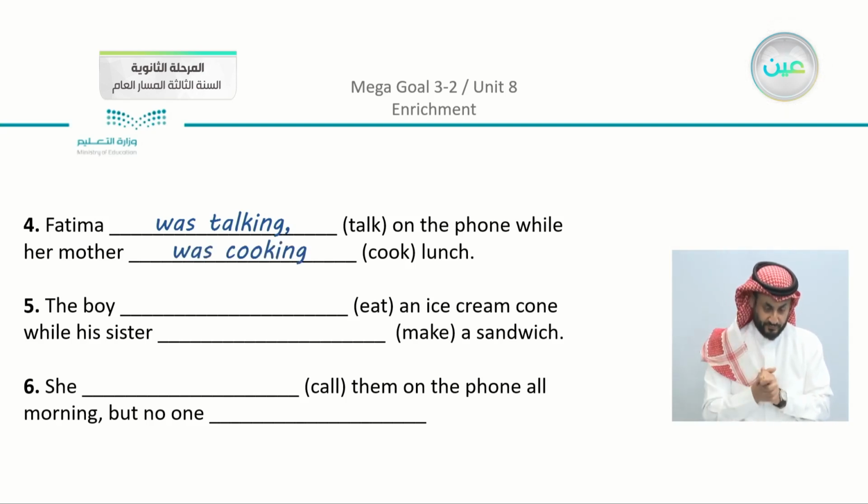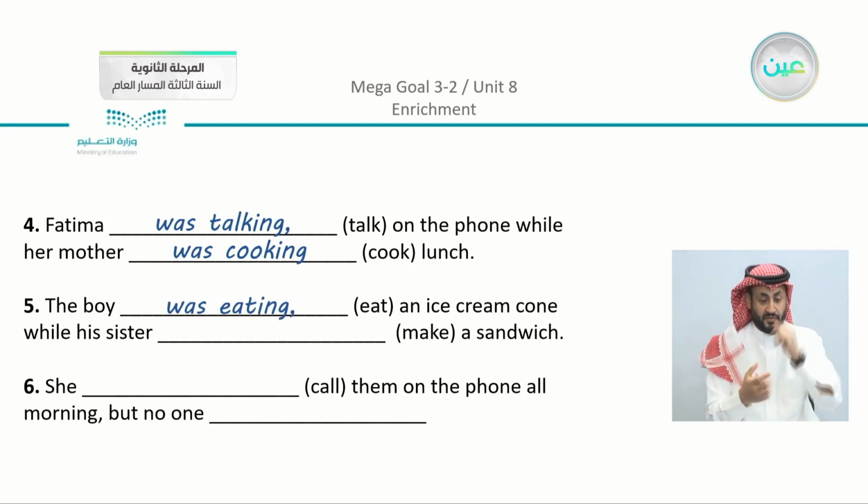So 2 actions were happening at the same time. Number 5: the boy blank eat an ice cream cone while his sister blank make a sandwich. The boy was eating, yes. Also we have while, which makes the other part: while his sister was making a sandwich.